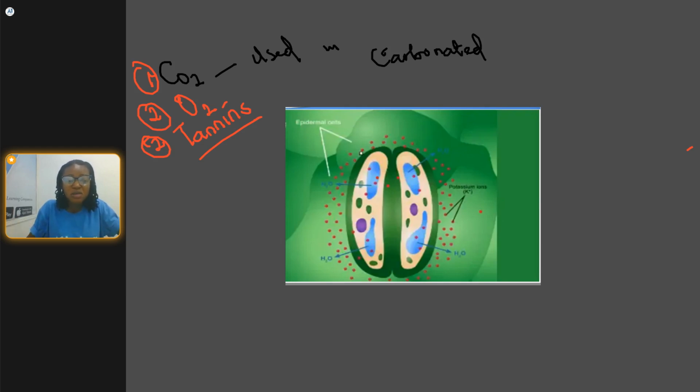It is also used in making natural dyes. It is also used in treating wounds and diarrhea because it has antimicrobial properties. So it is used in treating wounds.